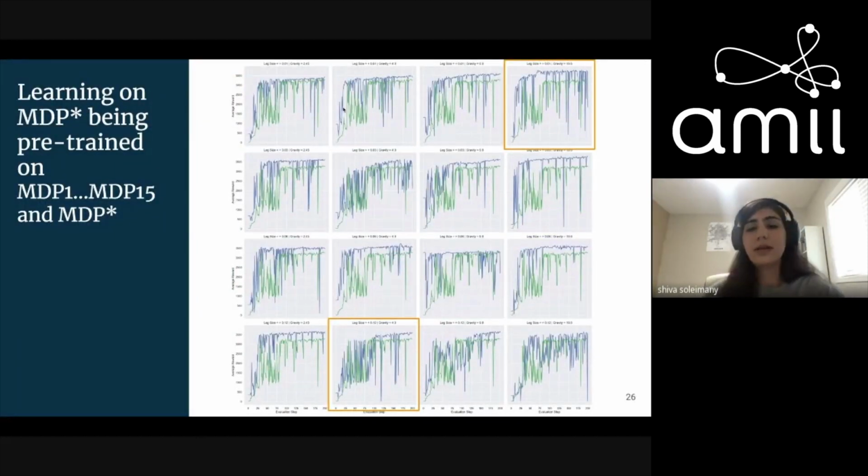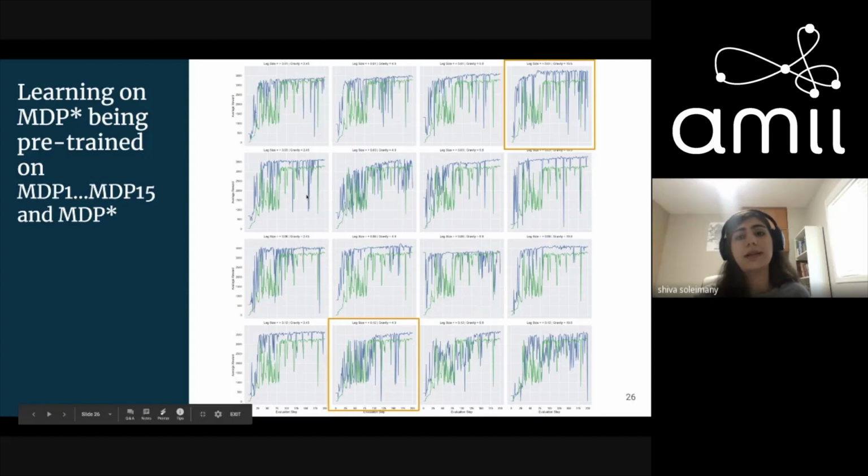So this result is a little tricky. The green line is the agent's performance learning from scratch in the base environment. So all of these green lines are the same. And the blue lines are the agent's performance on the base environment when being pre-trained on these 15 other environments.